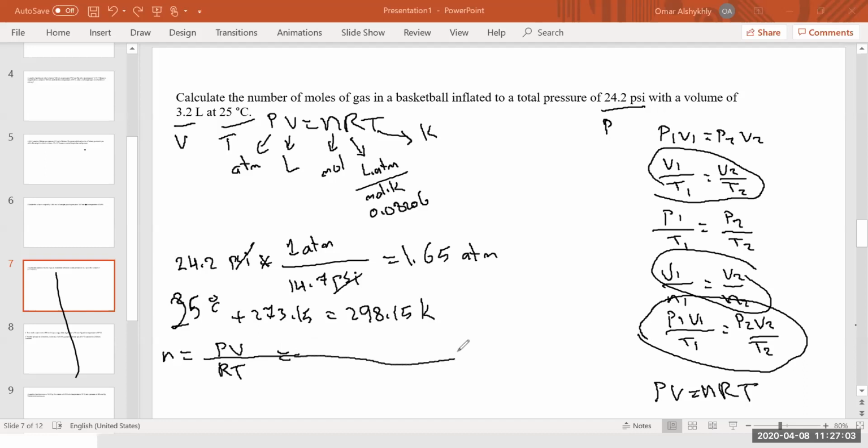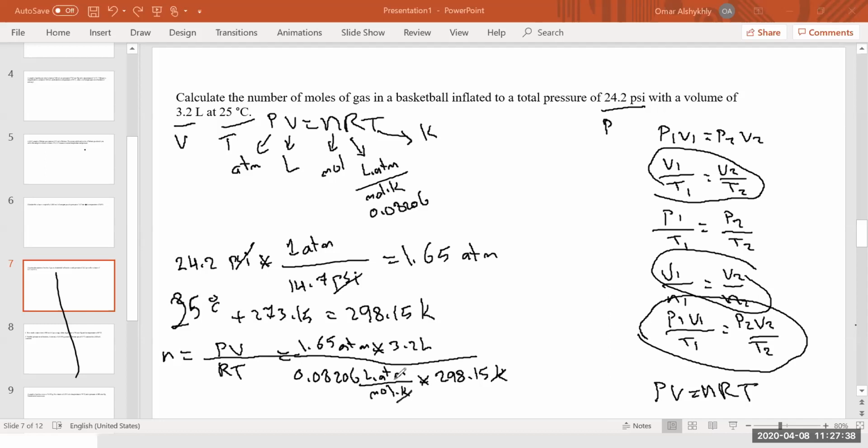Okay, what is the pressure? It is 1.65 atmosphere times the volume, that is 3.2 liter, divided by R, which is 0.08206 liter atmosphere divided by mole times Kelvin, times the temperature, T, which is 298.15 Kelvin.